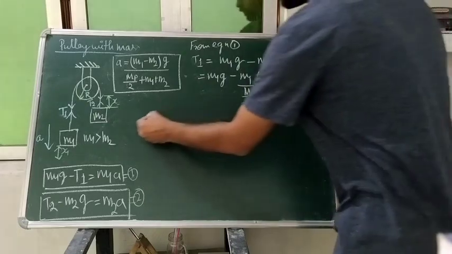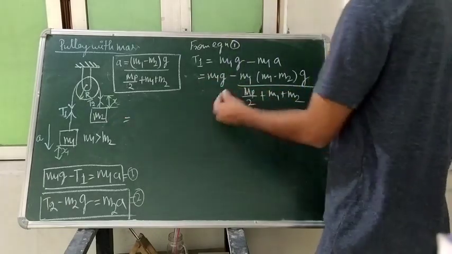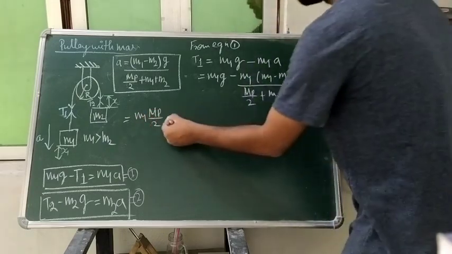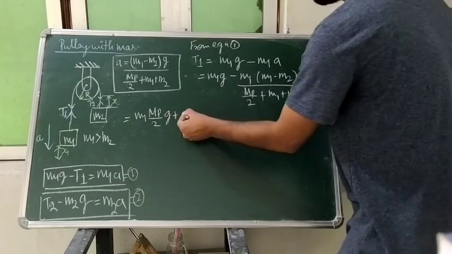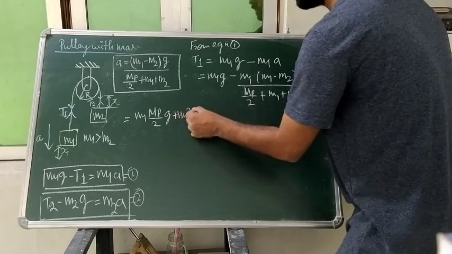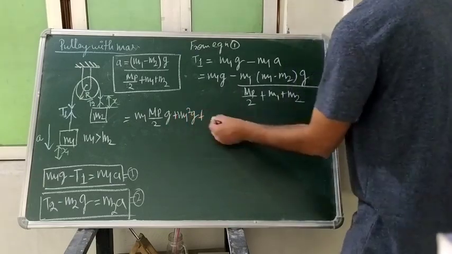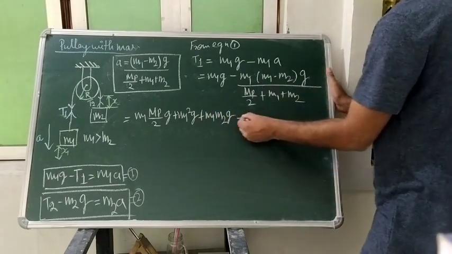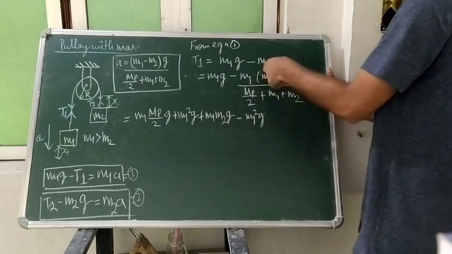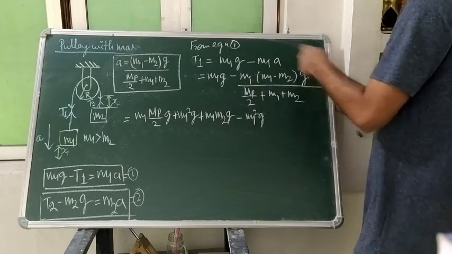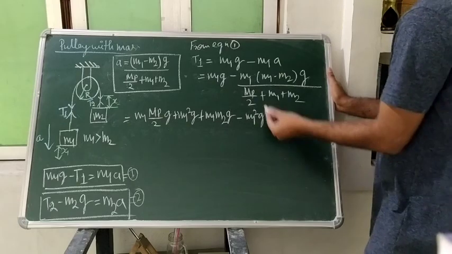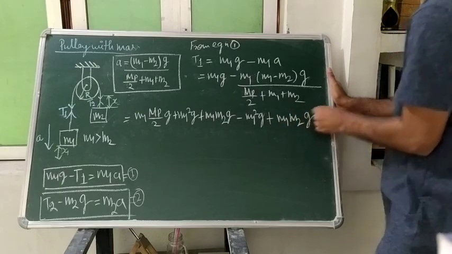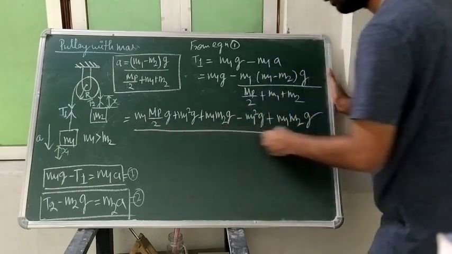Now solve it. When you will solve it, it will become M1 times mass of that pulley divided by 2 times G plus this M1 square G will come plus M1 M2 G. You guys will get here. Here what you will get? Minus of M1 square G, and minus minus will become plus, so M1 M2 G divided by what?